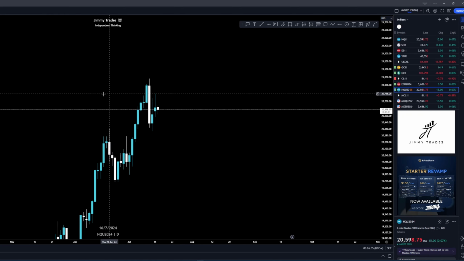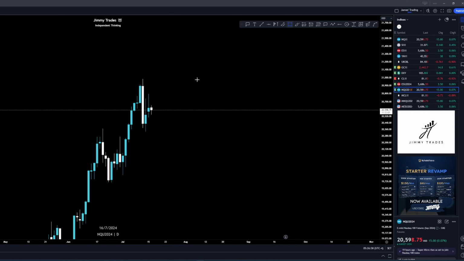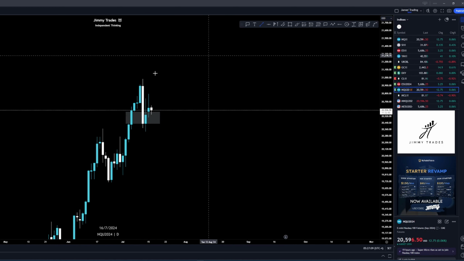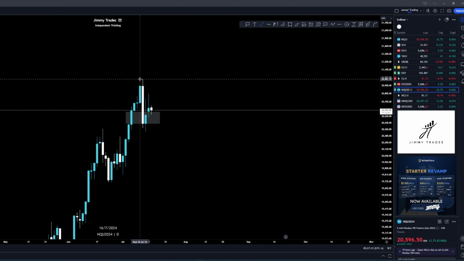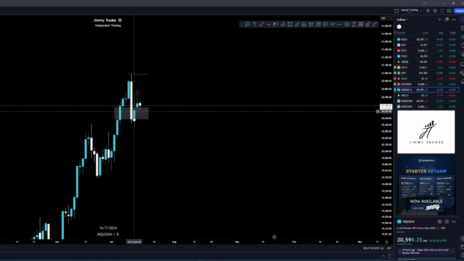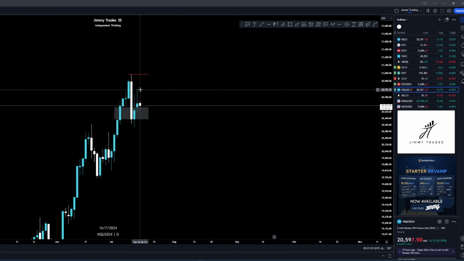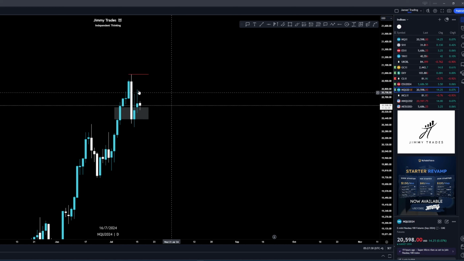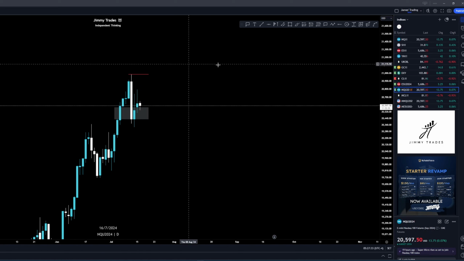Let's look at the daily here. So yesterday we were anticipating price to move higher from this internal level to external. And price did move from this level, but it also failed to push any higher, and you can see that we had quite a sell-off in the PM session.